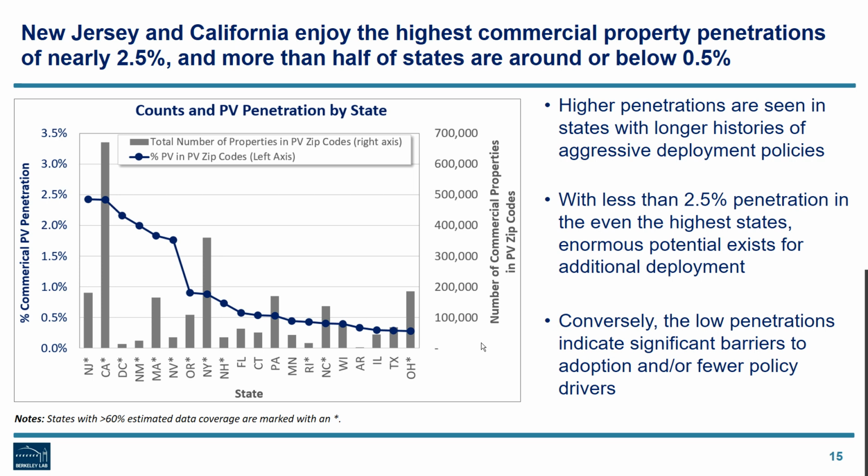Clearly, though, in all cases, there's plenty of room to go. For example, in California, we have roughly 675,000 commercial properties that potentially could be developed with solar, theoretically, and we have only 2.5% of them having been developed. So there's lots of room to grow this market.